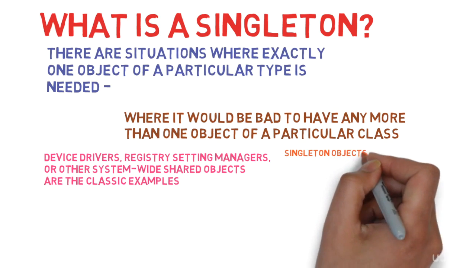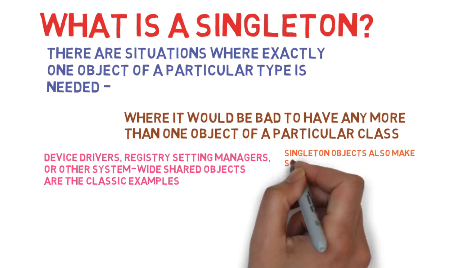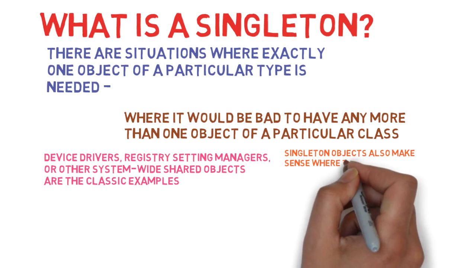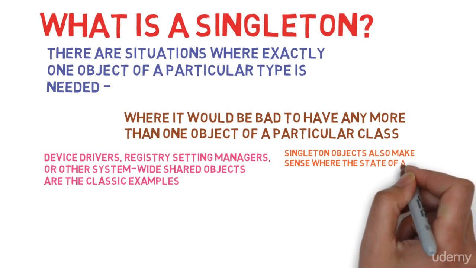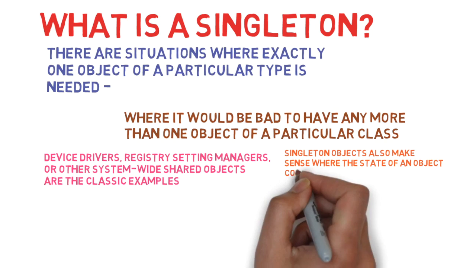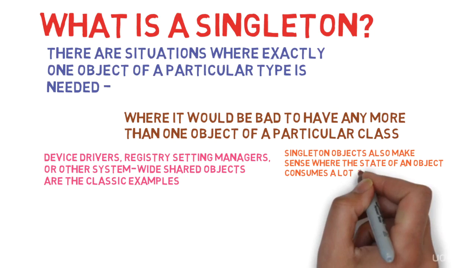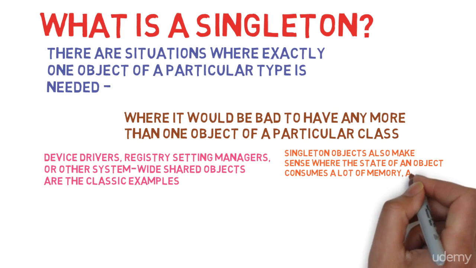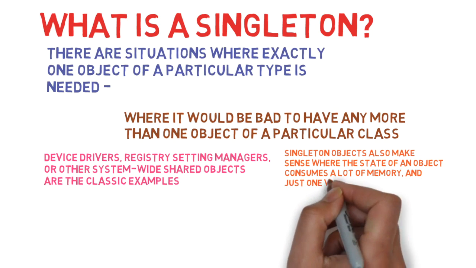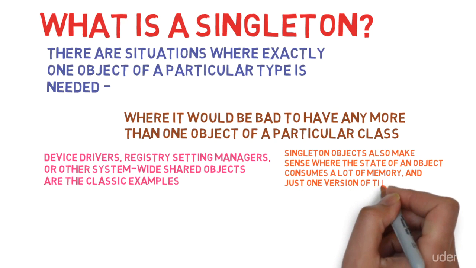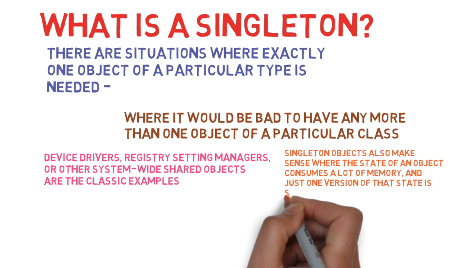Singleton objects also make sense where the state of an object can consume a lot of memory. On any machine, you have a limited amount of memory where your program can run, and if a program consumes a lot of memory, it can just crash. Maybe singleton objects take up a lot of memory and you don't want more than one instance of these.